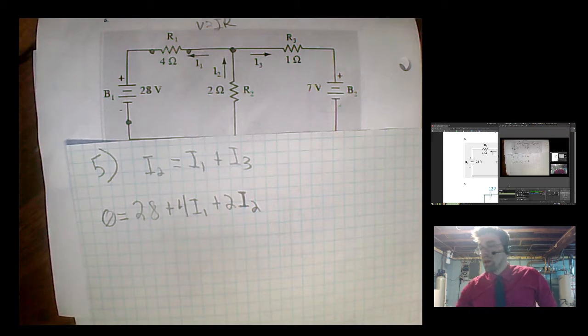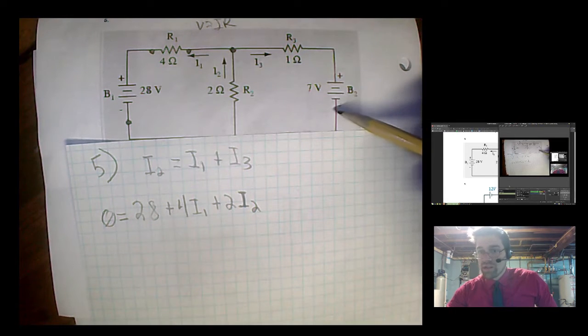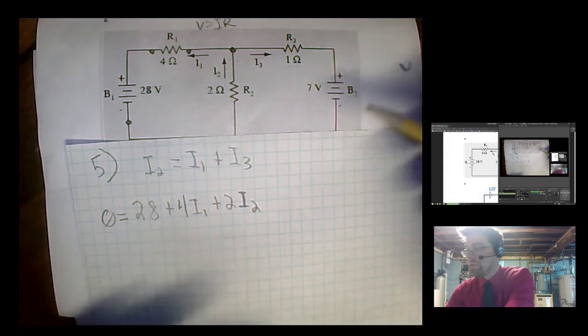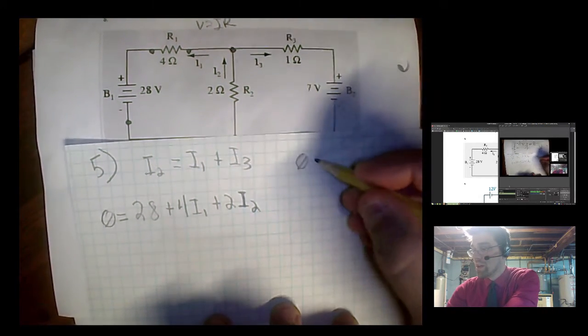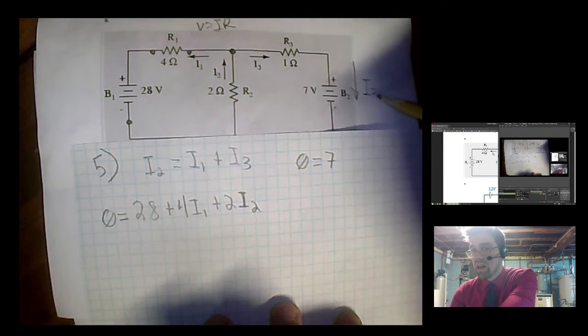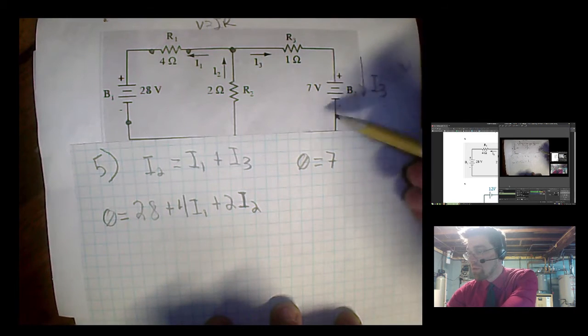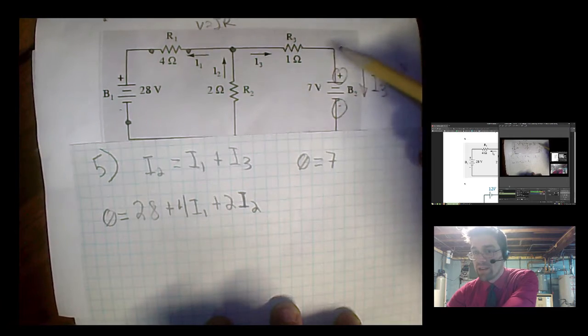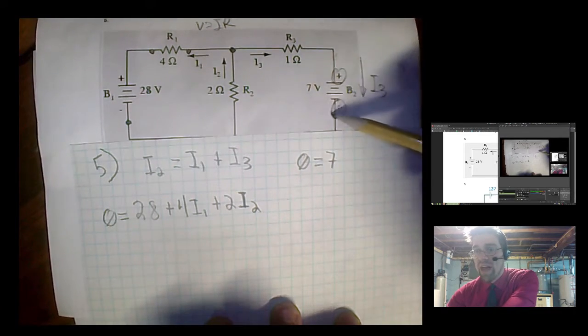We'll need a third equation here. Let's just do this loop here. I'll get from behind this 7 volts, the total change, 7 volts up. I don't care if I'm going against I3 here, I just look at the labels. This negative sign and that positive sign says this wire is 7 volts higher than that wire.